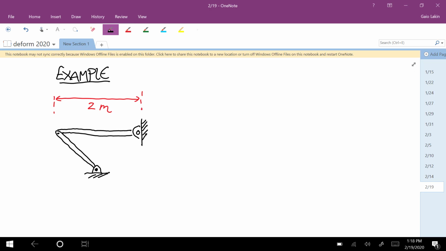And let's say that this angle is 45 degrees. And that horizontally this distance is 1 meter. And let's put a downward force here of 1,000 newtons.